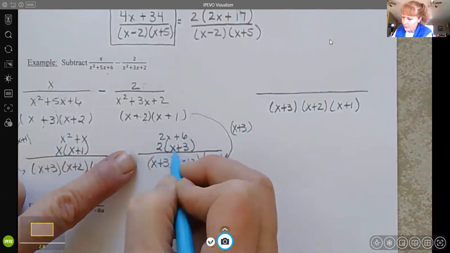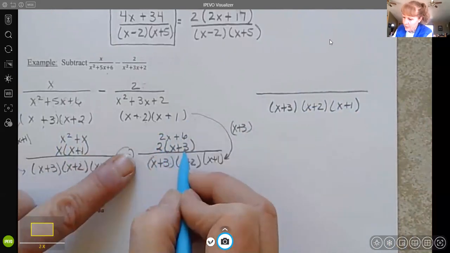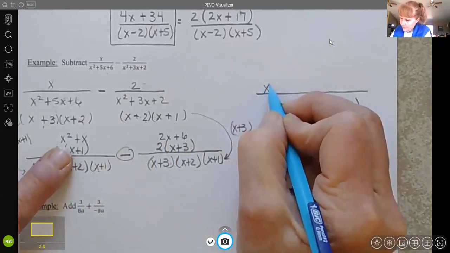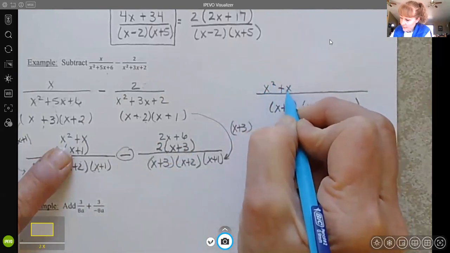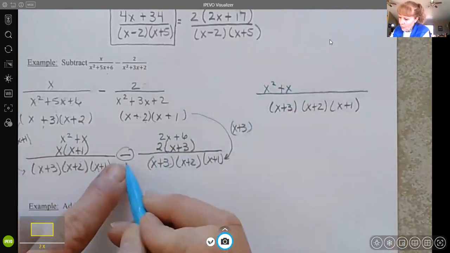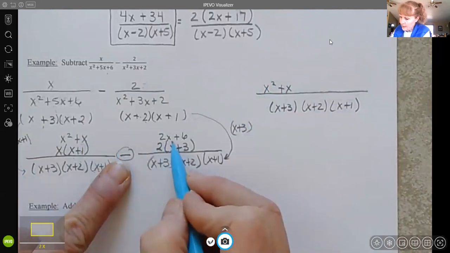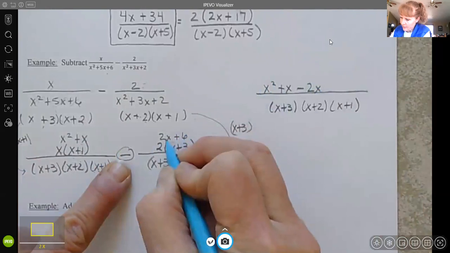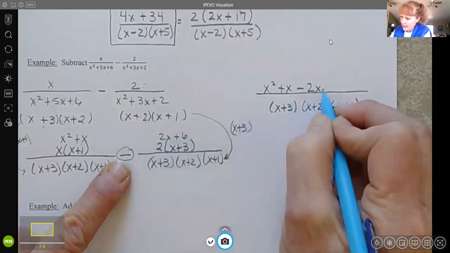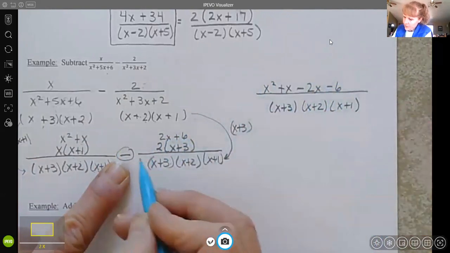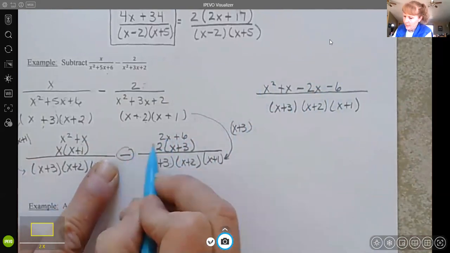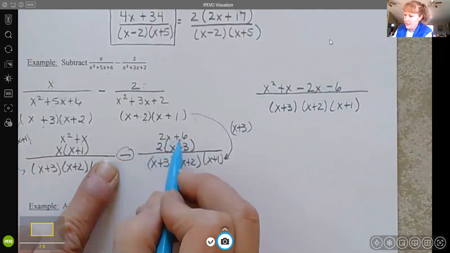I just multiplied that through, ignoring this subtraction right now. So I'll have an x squared plus x. But now, when I'm combining these, that's going to be a minus 2x, because that becomes a minus there, and a minus 6. So that will change those. So it's a positive 2x here. It'll make it a minus 2x minus 6.